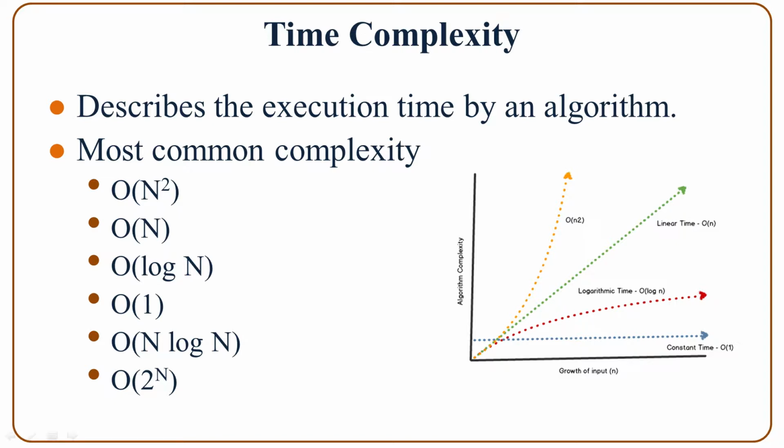O of n squared increases very fast as n increases. And this is also called quadratic time complexity.